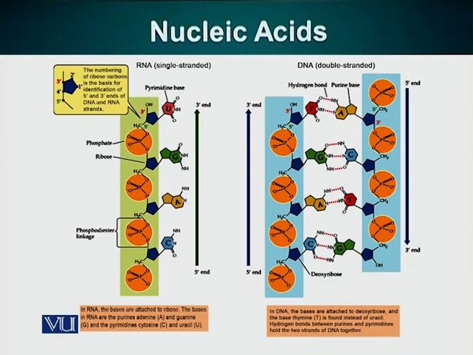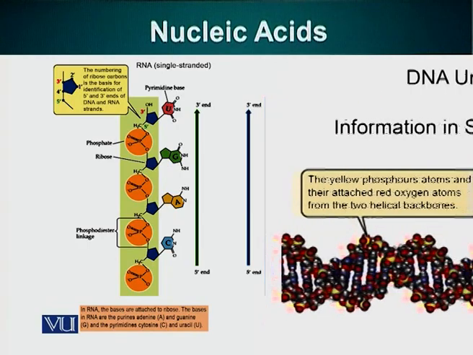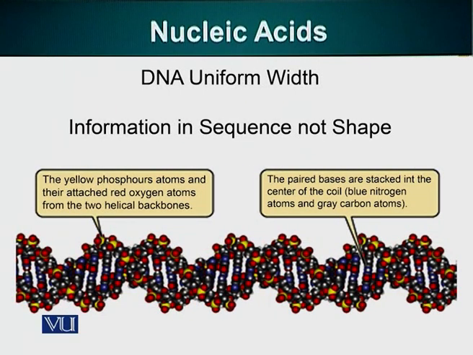Now, let's look at some other properties of these molecules. DNA and RNA contain information as a result of the sequence of their nucleotides. We talked about the nucleotides A, G, T, and C, or U in the case of RNA. This information in DNA is present inside.